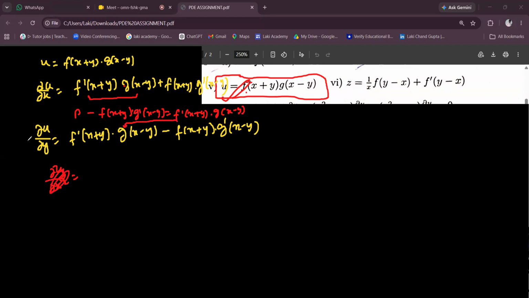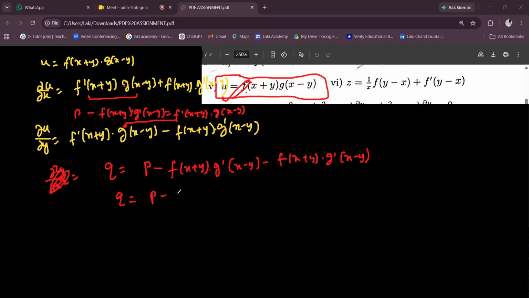So when you put here, and this is Q, when you put here, you will get P minus fxy g dash x minus y. And the remaining part is fx plus y g dash x plus x minus y. And this is 2 times fx plus y. Okay? Yes. Again, differentiate this with respect to y.